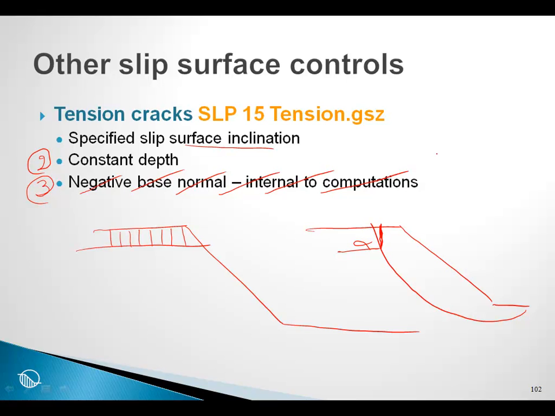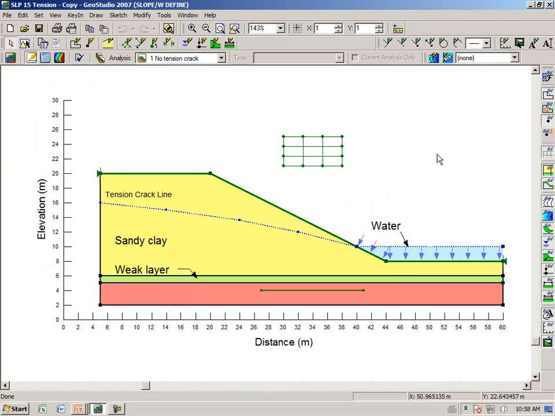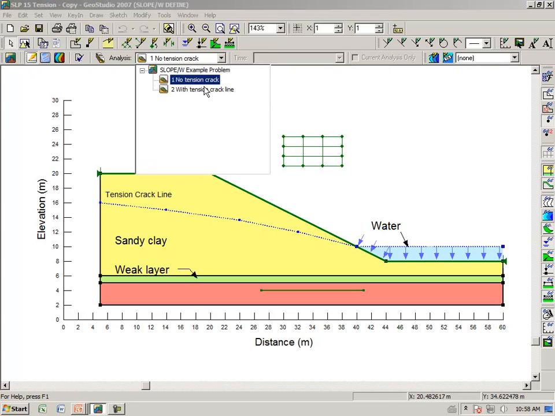To see how this is done, let us go to GeoStudio and open up SLP 15. I have already opened up the file. There are two analyses in this file, a no tension crack analysis and a tension crack analysis.